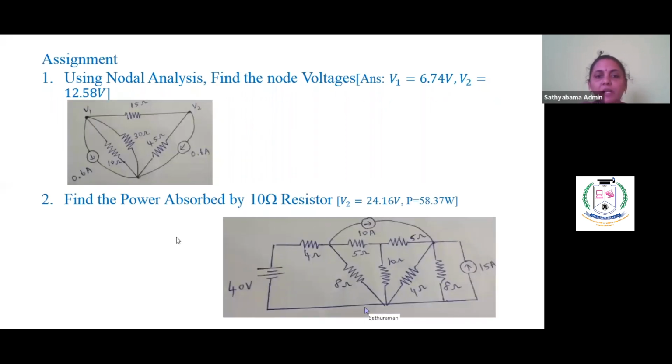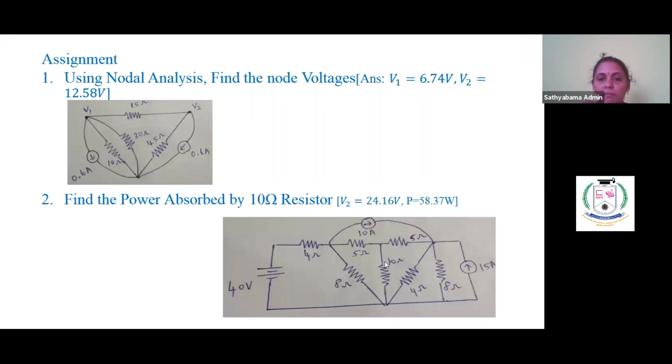Next, find the power absorbed by 10 ohm resistor. So now in this problem you see, you have 3 nodes here. First node, second node and third node. The question here is find the power absorbed by 10 ohm resistor. So they have not asked the node voltages or currents or anything. Now you will first find out the power absorbed by the 10 ohm resistor. The 10 ohm is connected here, right?